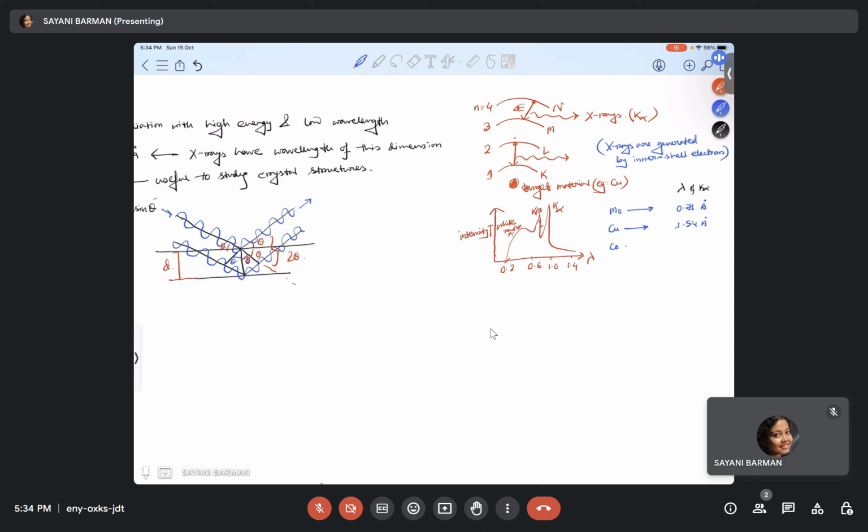For cobalt, it is 1.79. For iron, it is 1.94. For chromium, it is 2.29 angstrom. You should always remember at least these two. These two are the most used sources of X-rays.